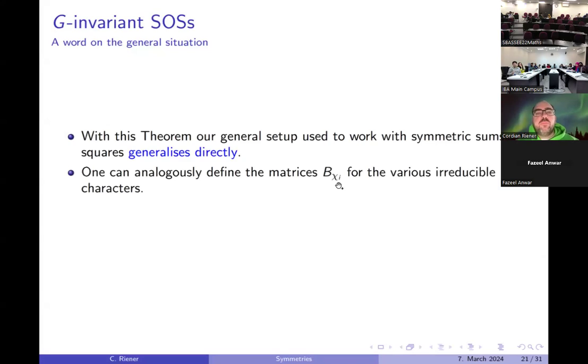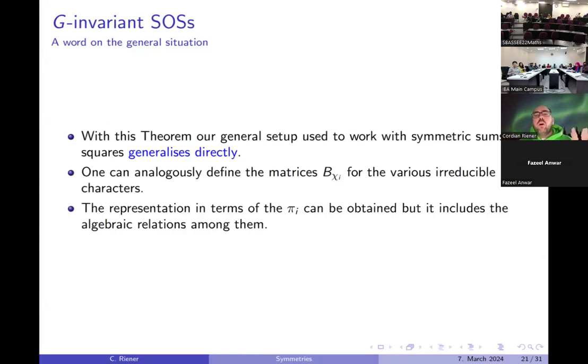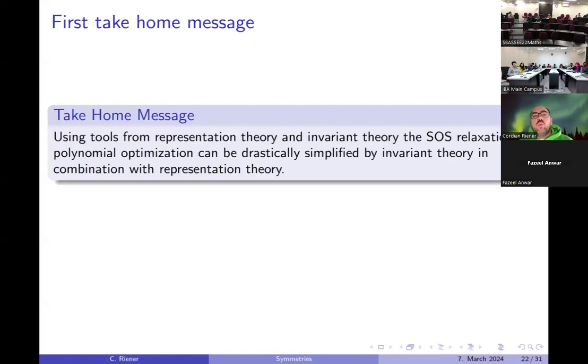And we can analogously define these matrices B for all the irreducible characters. Again, it's maybe a little bit more challenging to do the actual calculations, but I can do all of this modulo the syzygies amongst them.